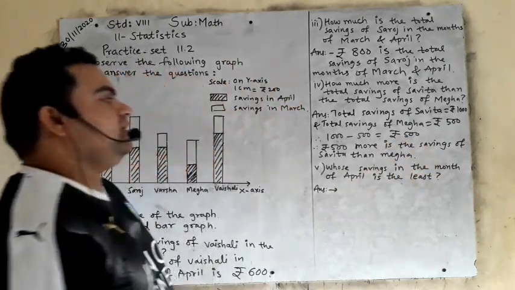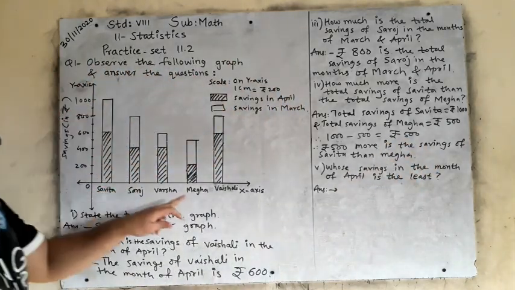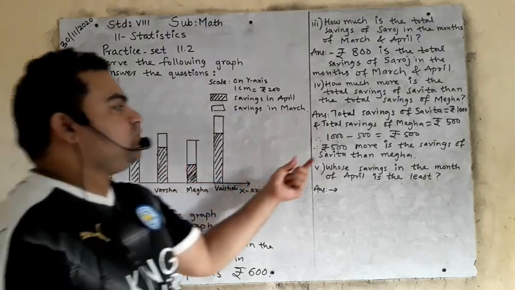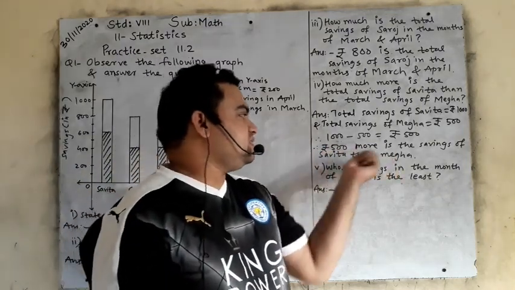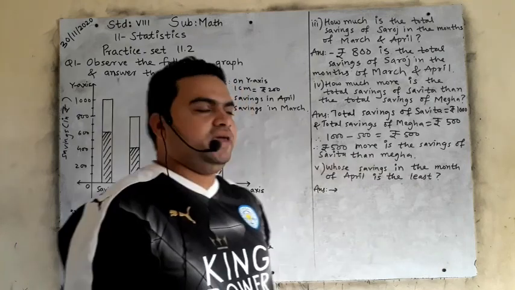Is it clear? 1000 is the saving of Savita and 500 is the saving of Megha. So how much more? Rupees 500 more is the saving of Savita than Megha. Okay.